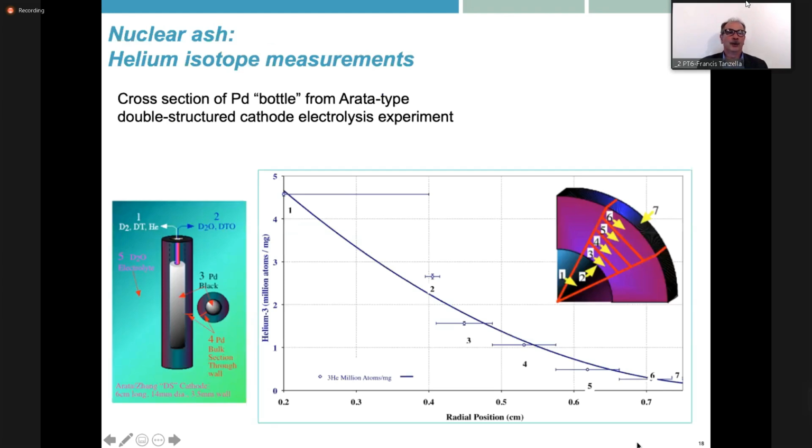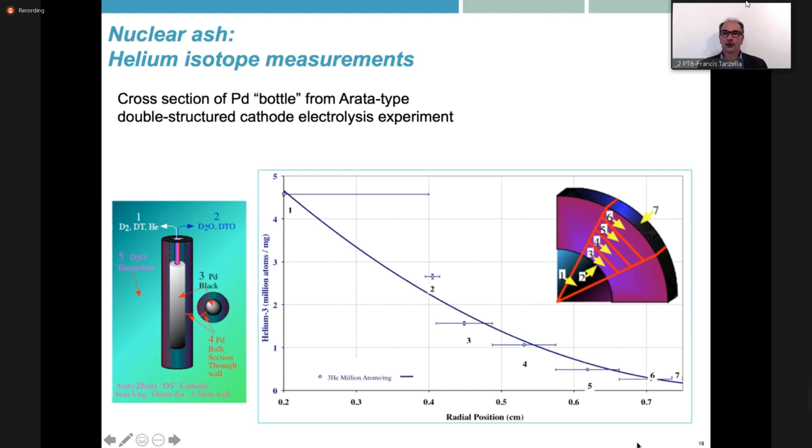This is an oldie but goodie from SRI, first presented at ICCF-11 and represented yesterday by my former colleague, Mike McKubre. I show it here for another use of destructive metals analysis using mass spectrometry. As a reminder, the Arata-Zhang double-structured cathode consisted of a thick-walled palladium bottle filled with palladium black.